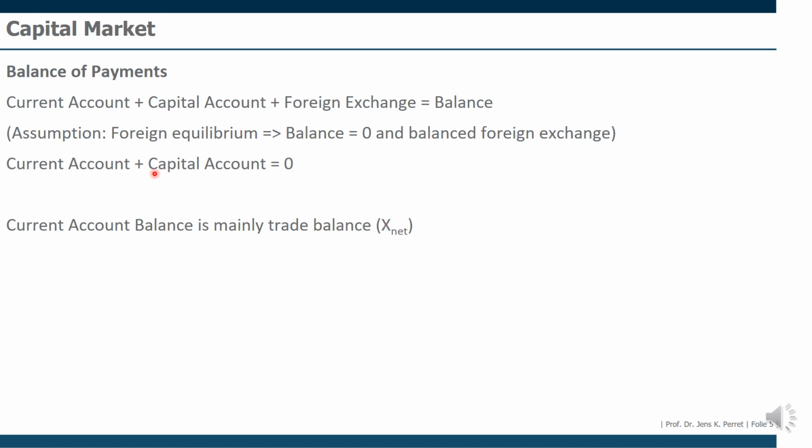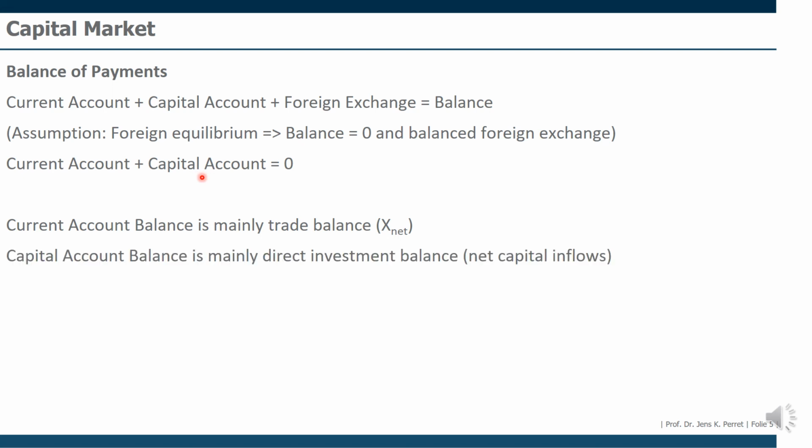We also know the capital account balance or capital account is dominated, especially in a more long-term perspective, by foreign direct investments. So here we can take the difference between capital inflows and capital outflows. Or in other words, we can replace the capital account balance with the net capital inflows. Inflows minus outflows. If we replace the two parts here with these two terms, we'll get this.